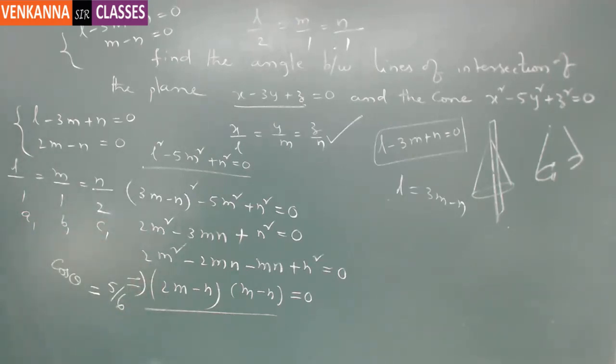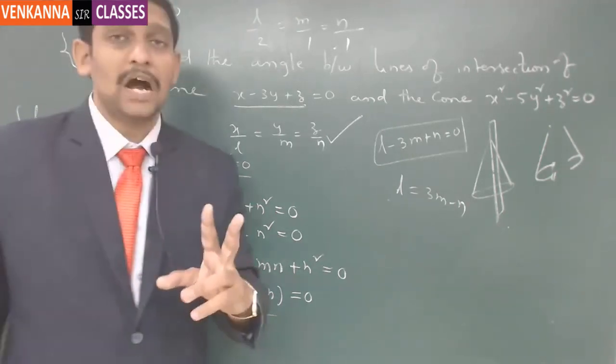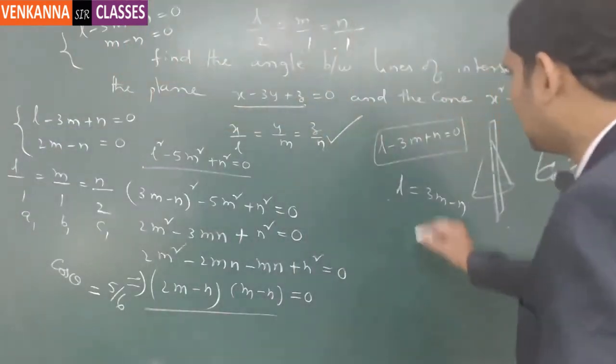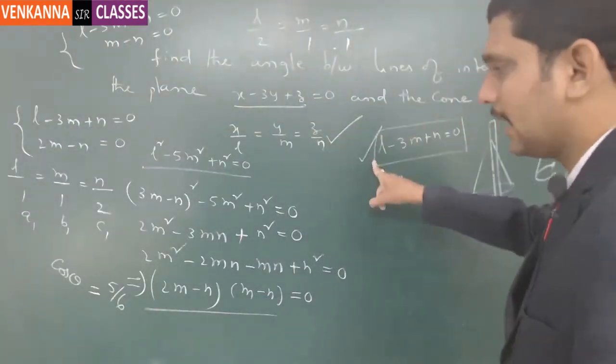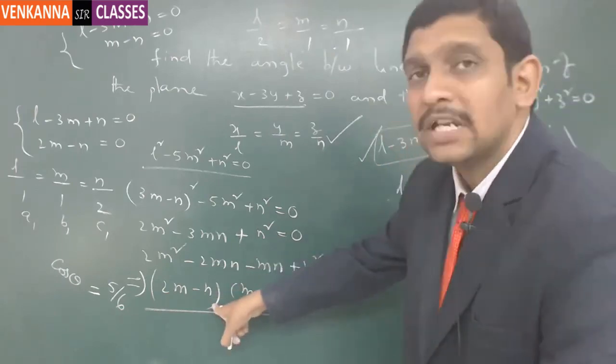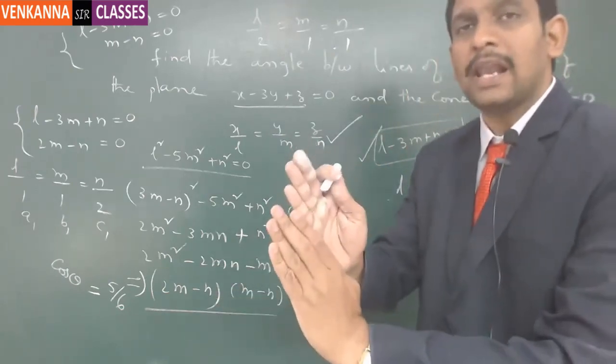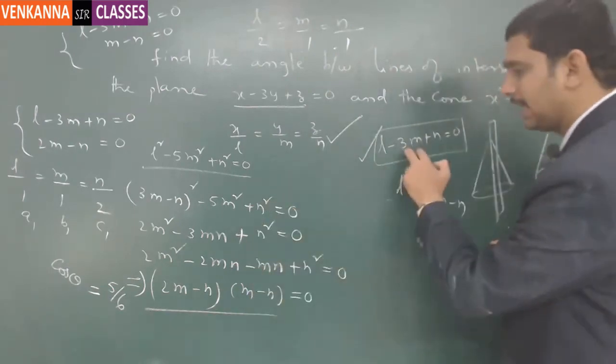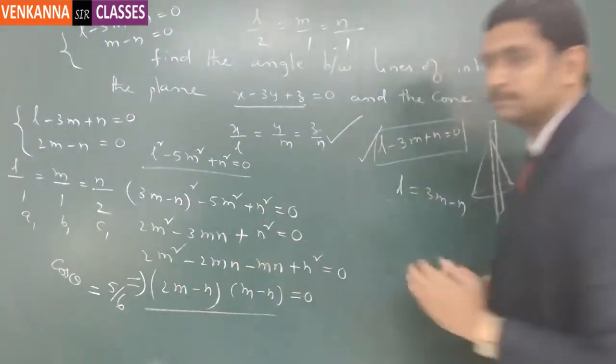Now how to deduce the element values? As the line is common to the cone and the plane, I must take this equation as mandatory, along with one factor. In other words, I am writing the line equation on one side. So for one side, plane and cone are mandatory.